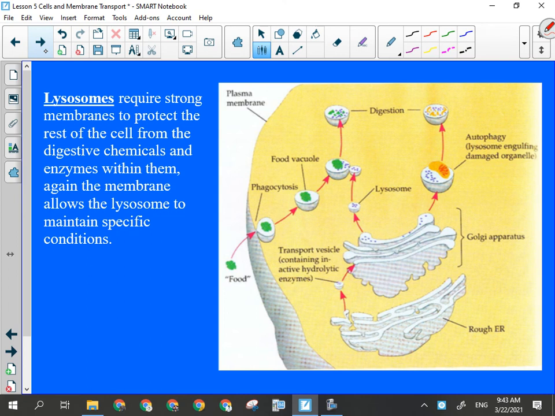Lysosomes have to have really, really strong membranes, because inside of lysosomes are digestive enzymes that break down cellular material. After all, what is your food made out of? If you eat a steak, what are you eating? Protein. You're eating the tissue of another animal, a cow in particular.